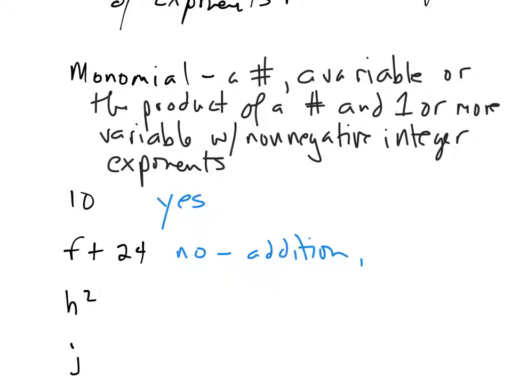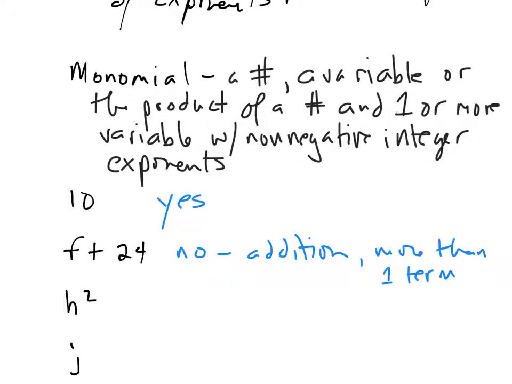And when there is addition, you get more than one term. And mono means, what does mono mean? One. And so monomial specifically means one term. As soon as you throw addition in there, you get more than one term. H squared. Monomial?